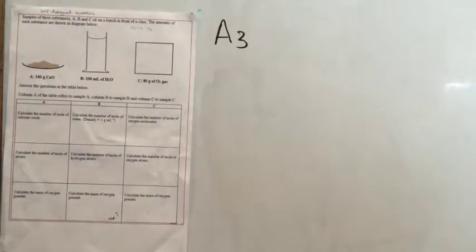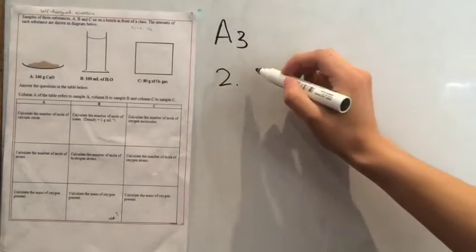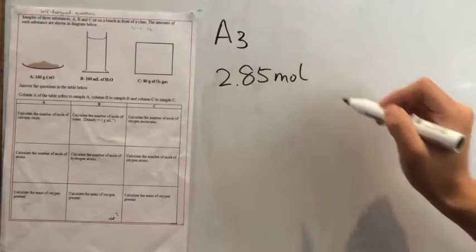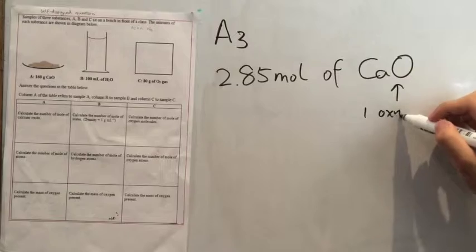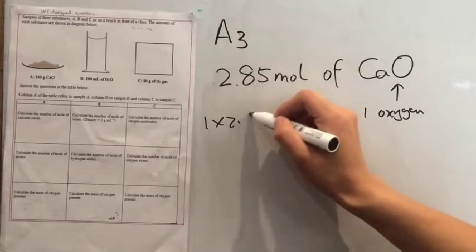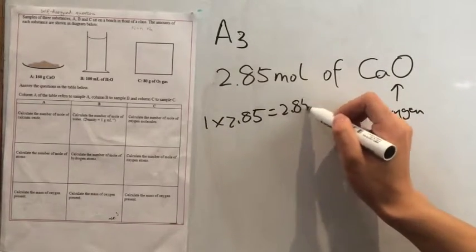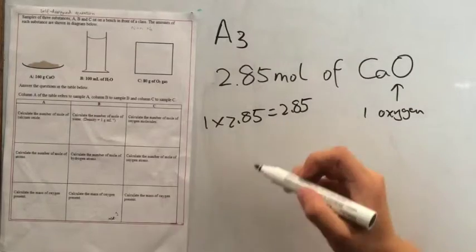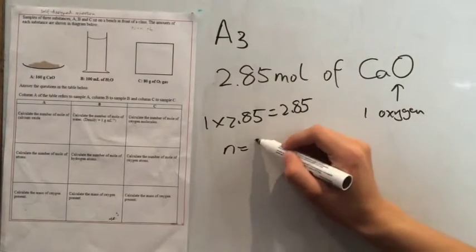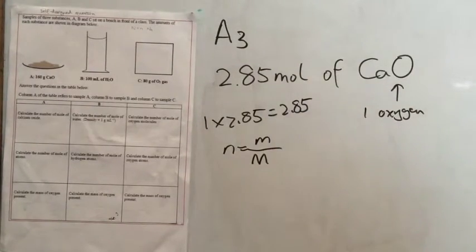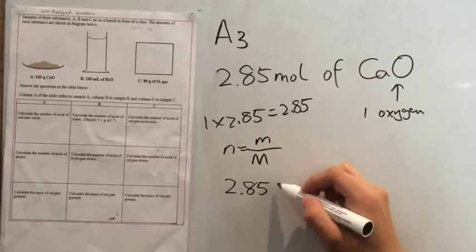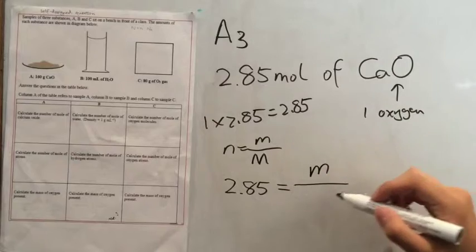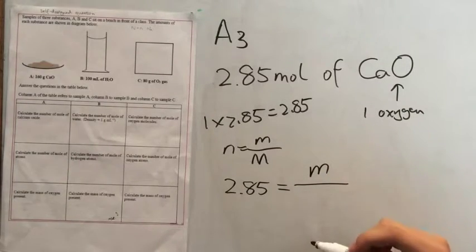For the last part, we are asked to calculate the mass of oxygen that's present. Now, from the previous answer, we know that we have 2.85 moles of calcium oxide, and for every molecule of calcium oxide, there is only one oxygen. So it is correct to say that there is 2.85 moles of oxygen in the calcium oxide.